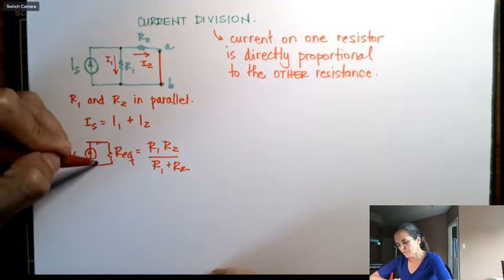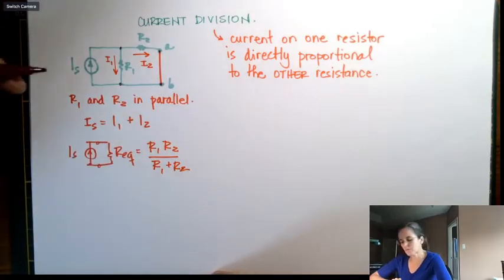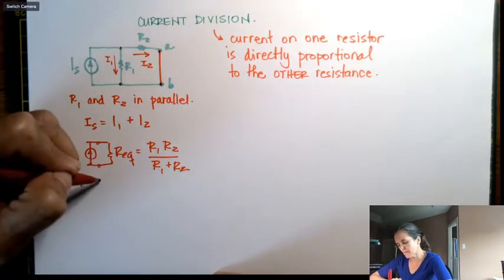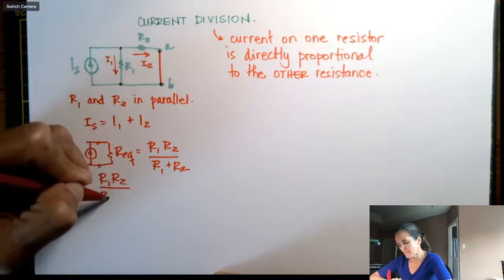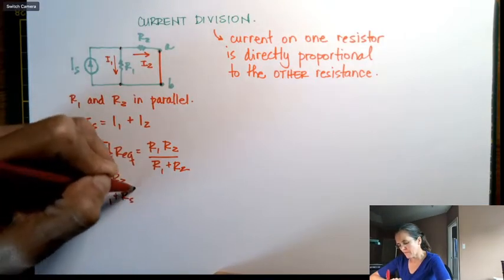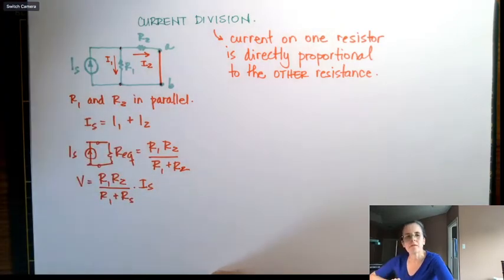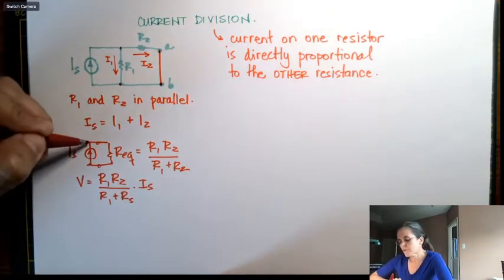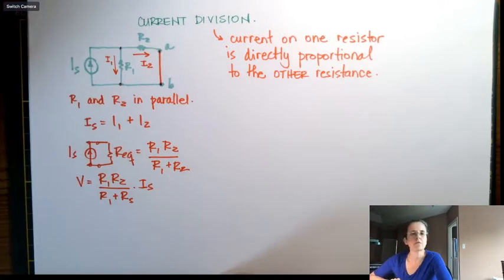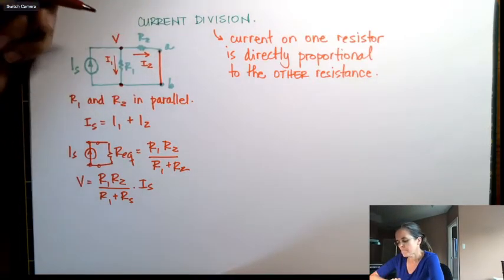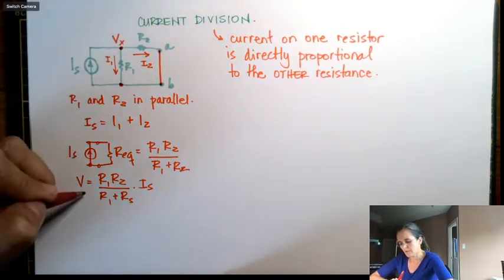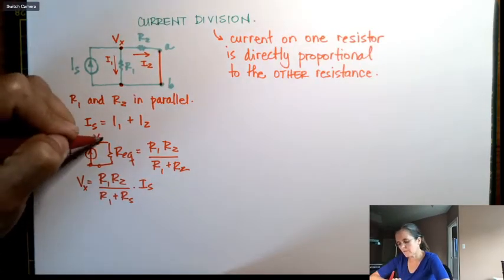So the voltage across those resistors will be V equals R times IS. So that is the voltage across this current source here, and it's also this voltage here, Vx. I'm gonna also call this Vx, and this is also Vx.